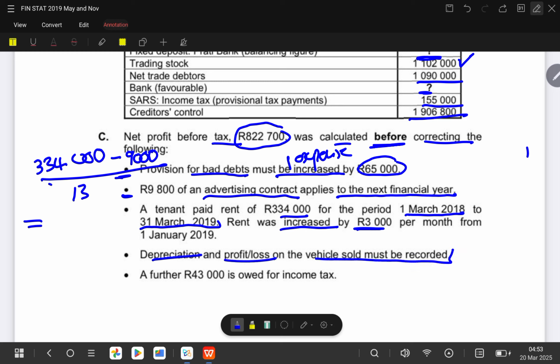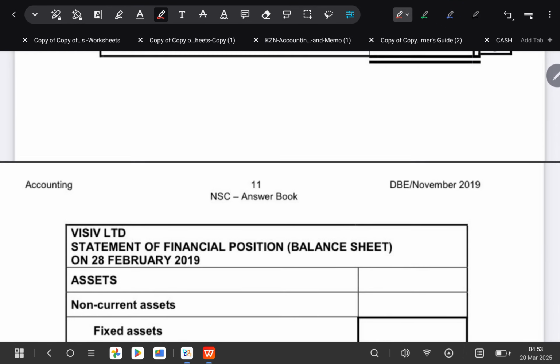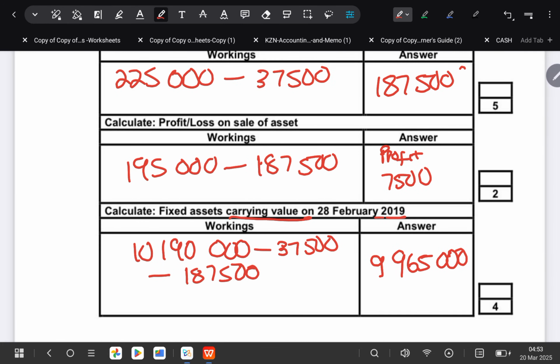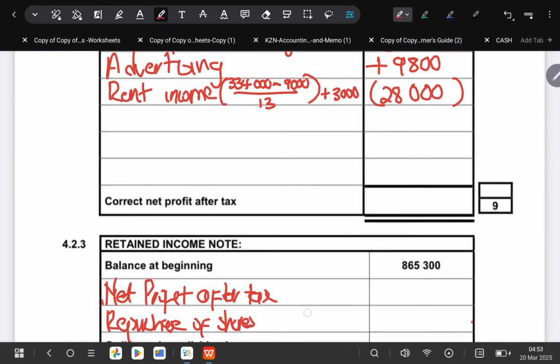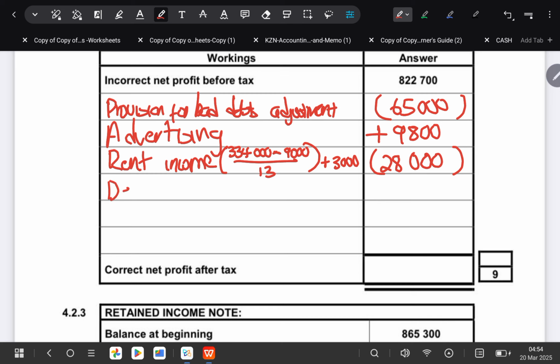So remember, our depreciation was 37,500 if I remember well when we're doing the calculation. Okay, so our depreciation was 37,500. So we are going to record that depreciation. Remember, depreciation will reduce your net profit.